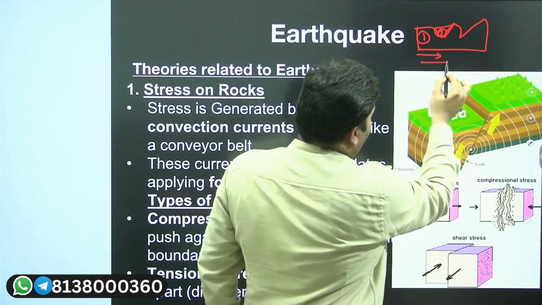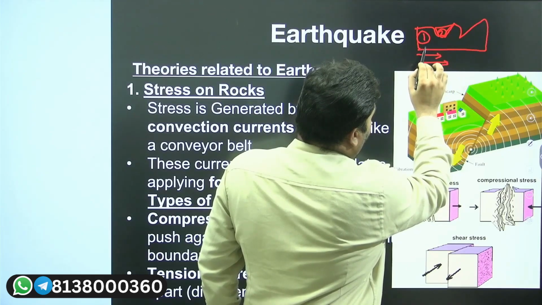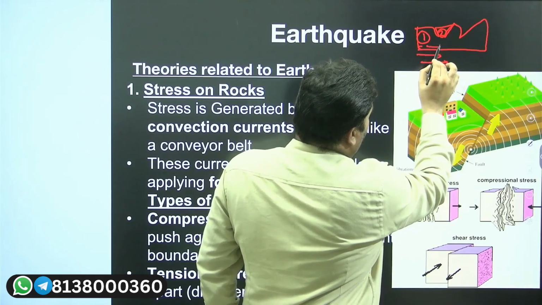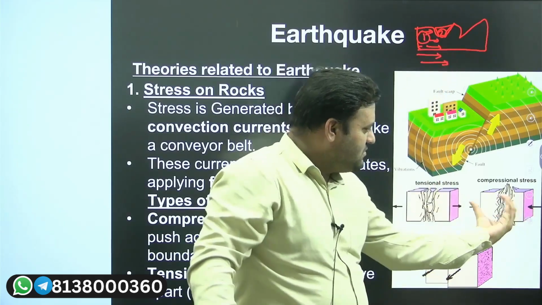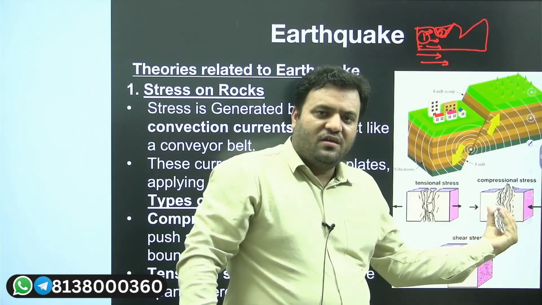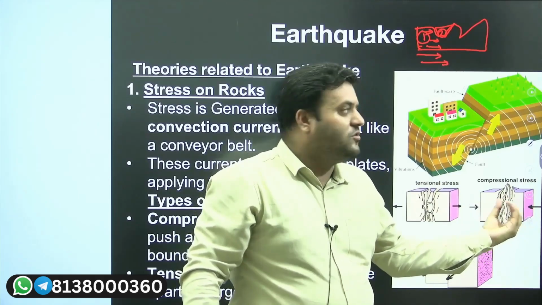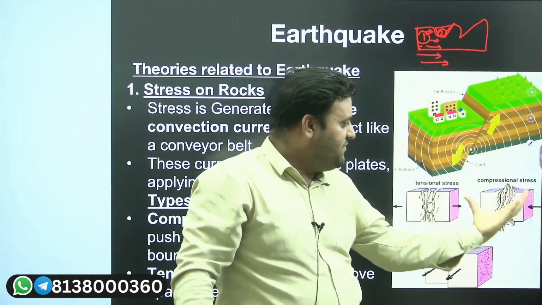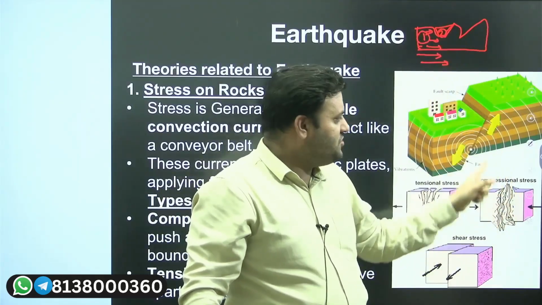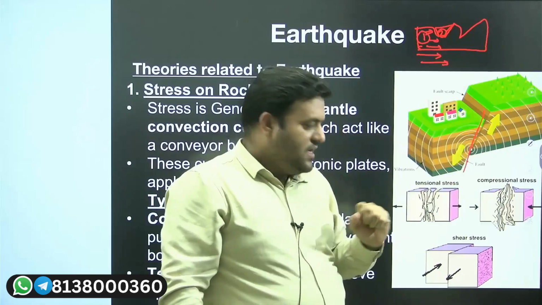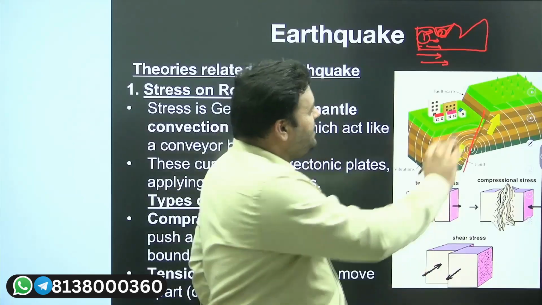Because of this, when there are compressional forces on this particular block, that will lead to the formation of what? And if we have tensional forces, meaning there is a divergent plate boundary movement, what will happen?